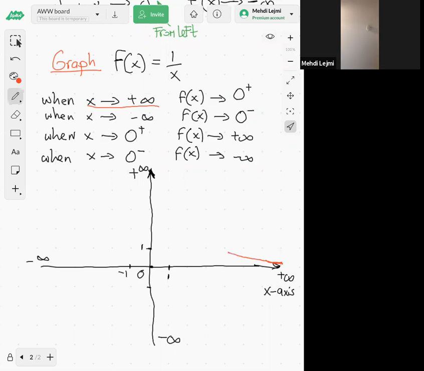You see here the output. So my x is at positive infinity, right? Here's my x. It's at positive infinity, but the output is very close to 0, right? Now, when x is close to negative infinity, my f of x is close to 0, so 0 minus.